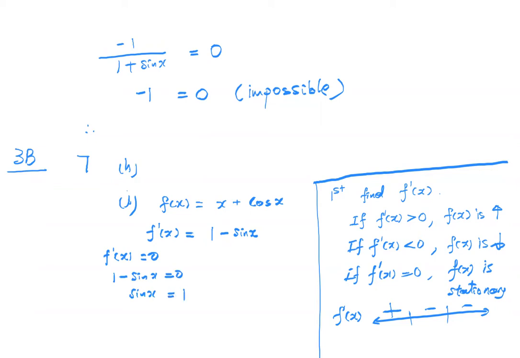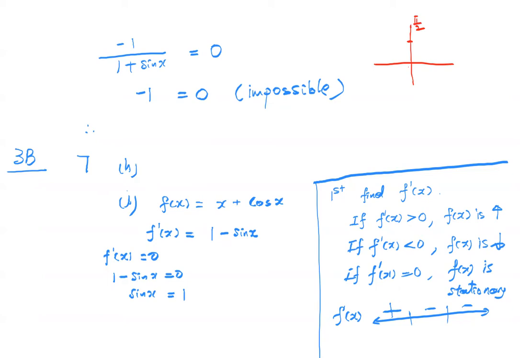This one is in trouble. Why? Because x can be any value. So you have to go back to here. Okay, look, the y coordinate represents sin, correct? So I know that this is pi by 2. So sin pi by 2 is 1. So this is the first time.